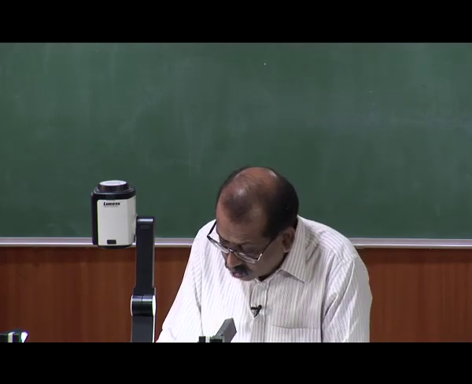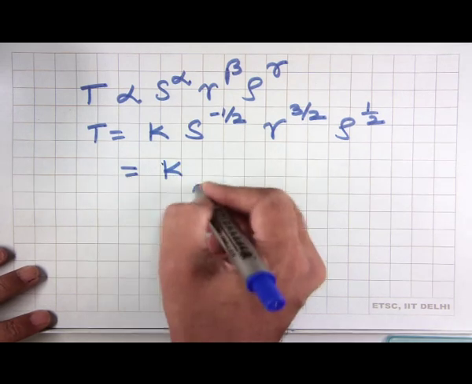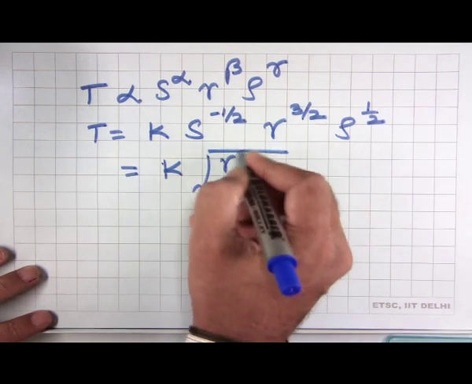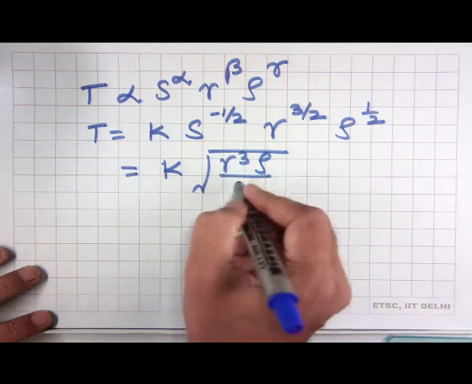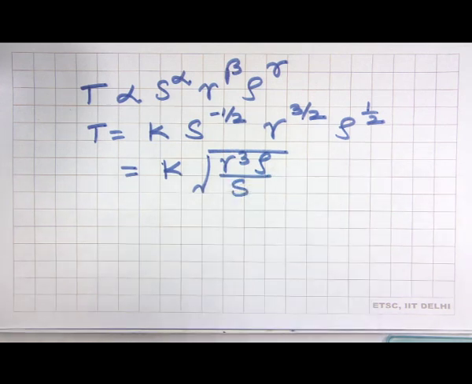And if I write it in terms of the usual expressions, I will get it as K times square root of R cube rho upon S. So I can derive a formula like this using dimensional analysis.